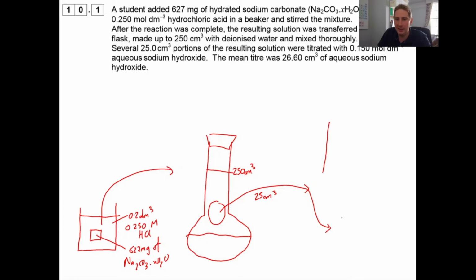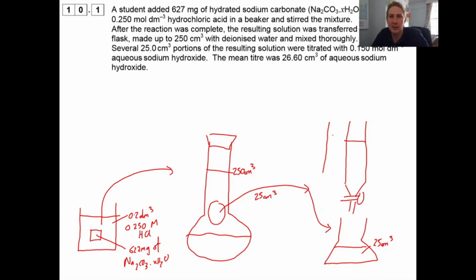We've put that into a conical flask. And we have done a titration into that conical flask. So there's my tap. And what we used here was 0.150 molar sodium hydroxide. And we're told that the mean titer was 26.60 centimeters cubed of that.